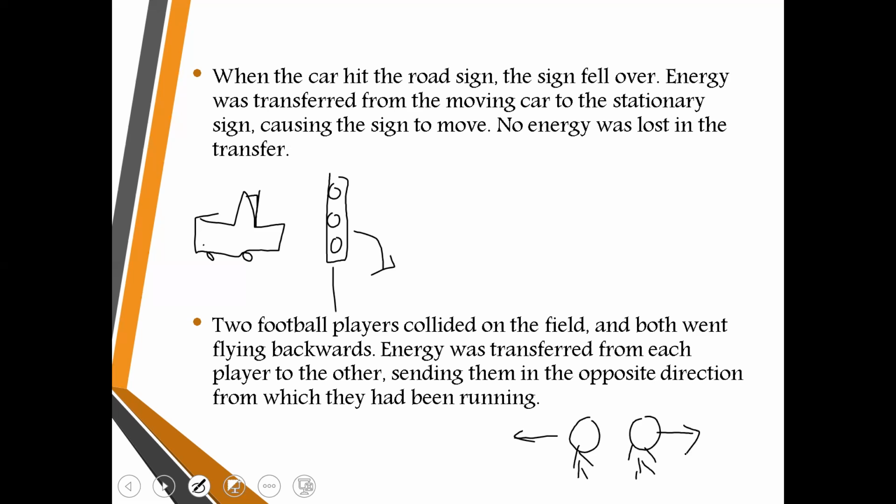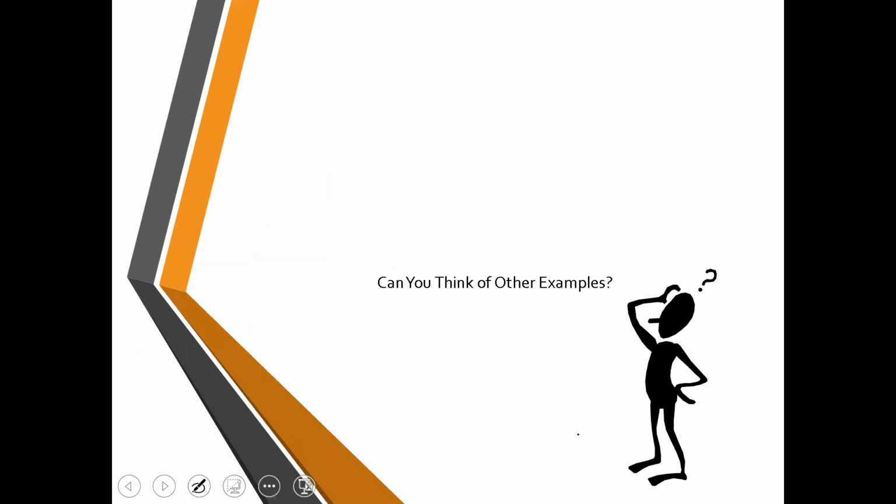We know why they go to the opposite side, but why are they moving? Because of the energy. The energy that the first man gives to the second man lets him move to the right, and the second man gives energy to the first man, letting him move to the left. This is also an example of energy.